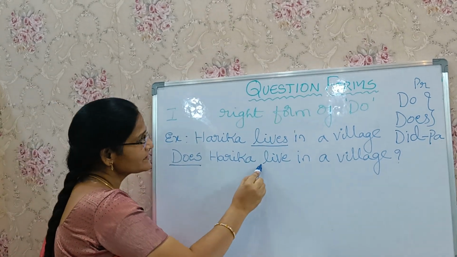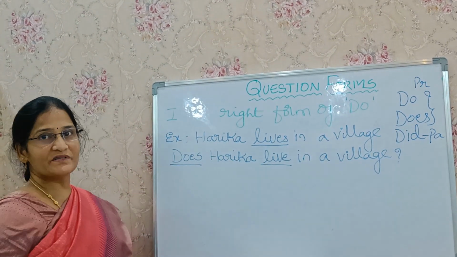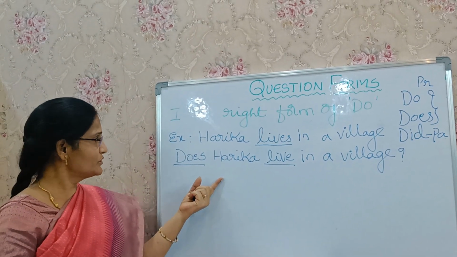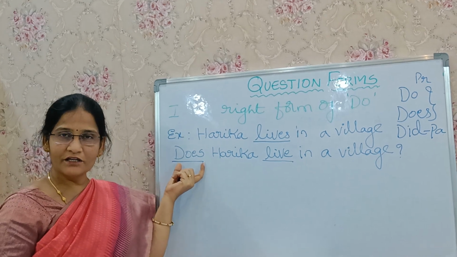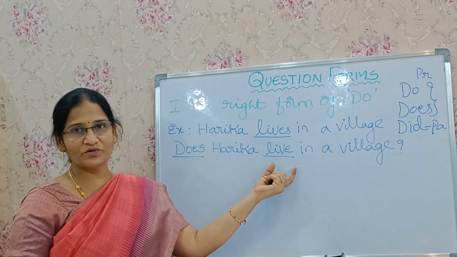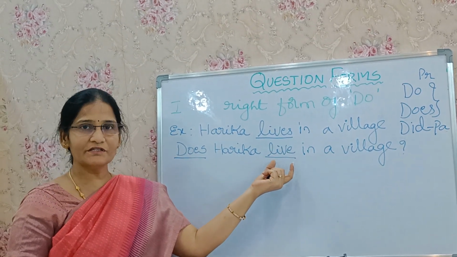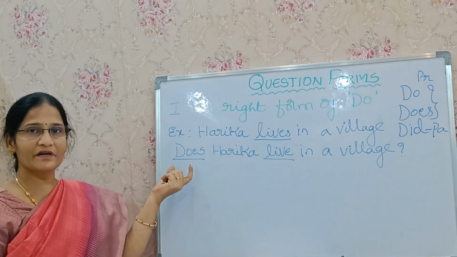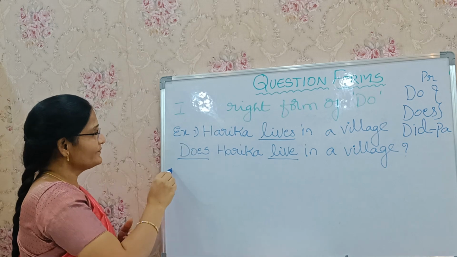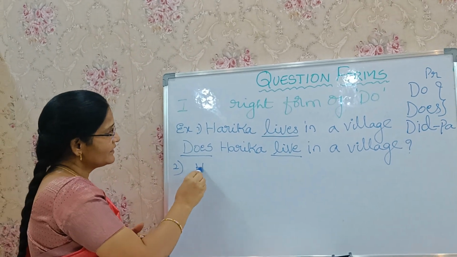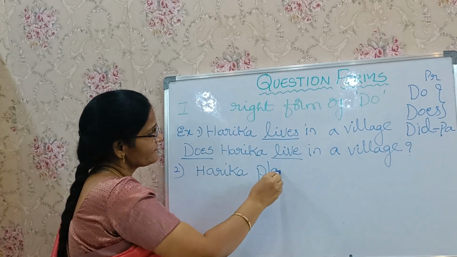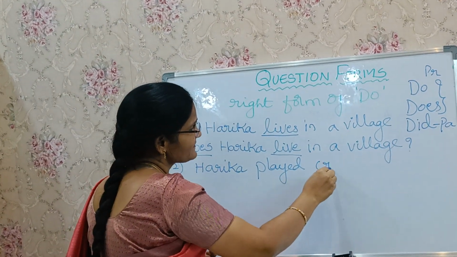Observe this: does live. Lives is the present tense. When we are changing it into a question with the right form of do, we have already used the singular form does, and now once again we are not supposed to take lives. We have to use the plain form itself. One more example: Harika played cricket.